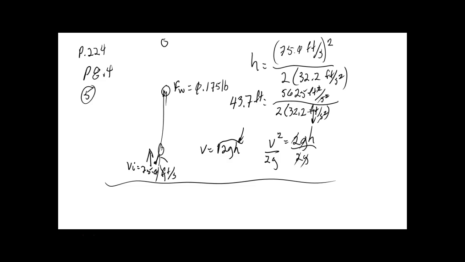What was your answer? 5625 divided by 64.4, right? Okay, and how do you get an answer? Hit it, answer again. Yeah, that's the one. I knew the number had to be bigger than that.